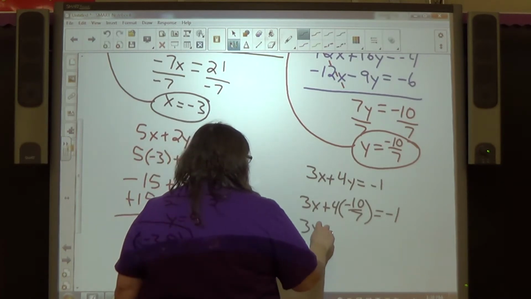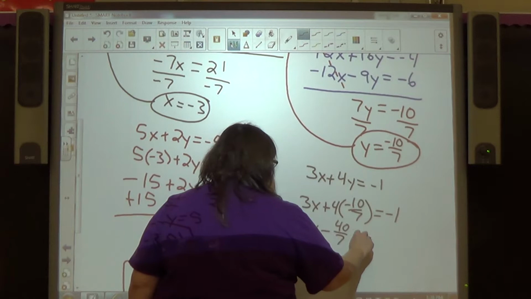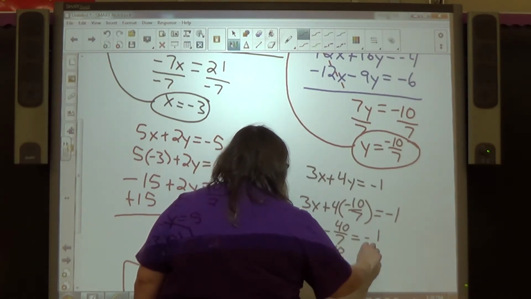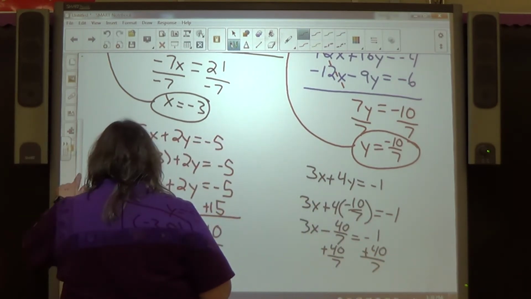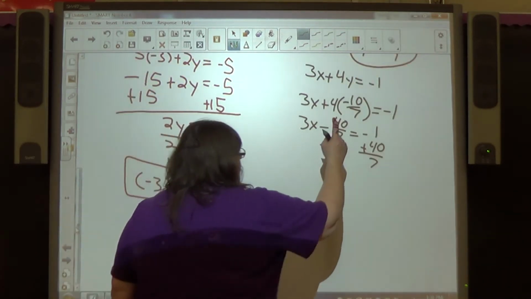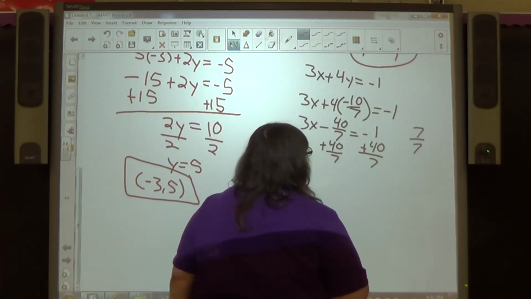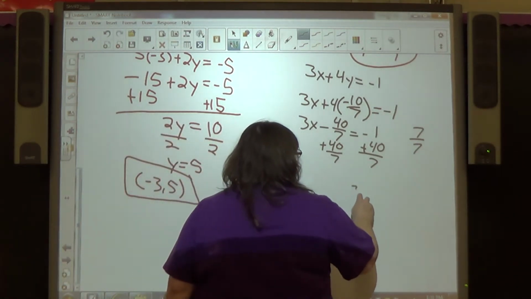So 3x minus 40 over 7 equals negative 1. Add the 40 over 7. Okay. Remember, when it comes to the 1, it can be changed into 7 over 7. So you're basically taking 40 minus 7, which is 33.